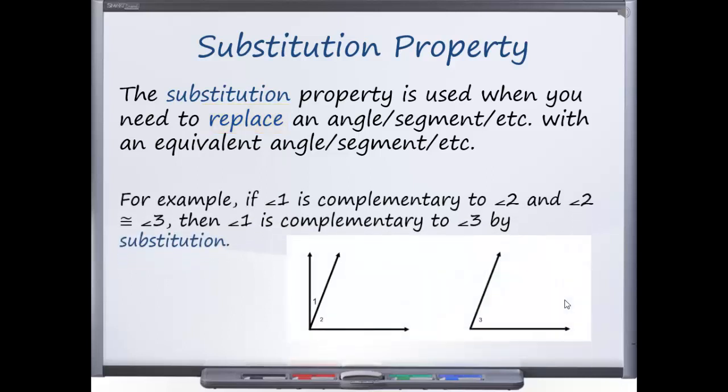As an example, if we know angle 1 is complementary to angle 2, and we also know that angle 2 is congruent to angle 3, then we can substitute angles 2 and 3 for each other. So we can conclude that angle 1 is complementary to angle 3 by substitution. You see we've replaced angle 2 with angle 3 just by substituting.